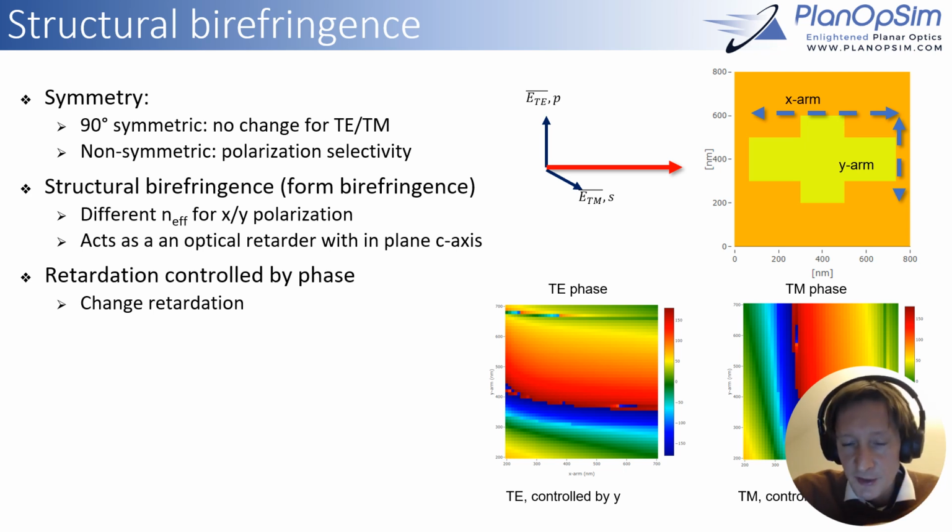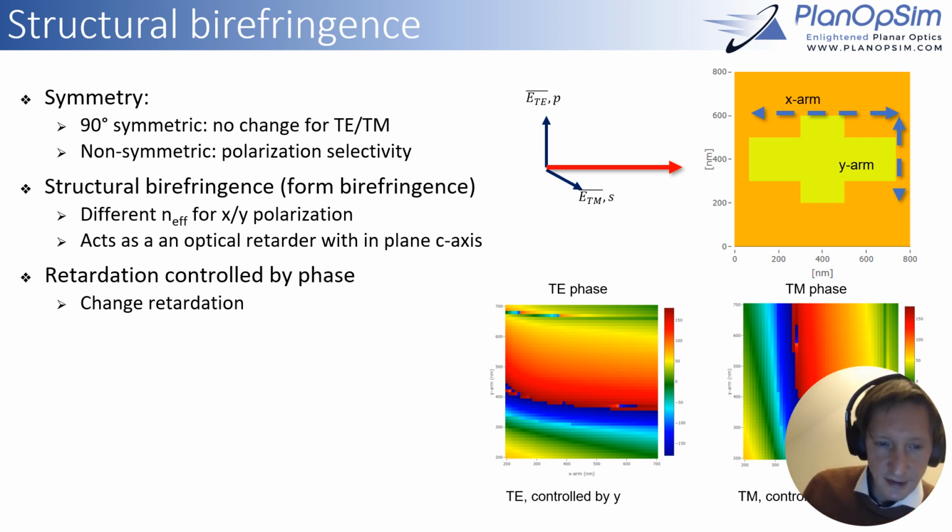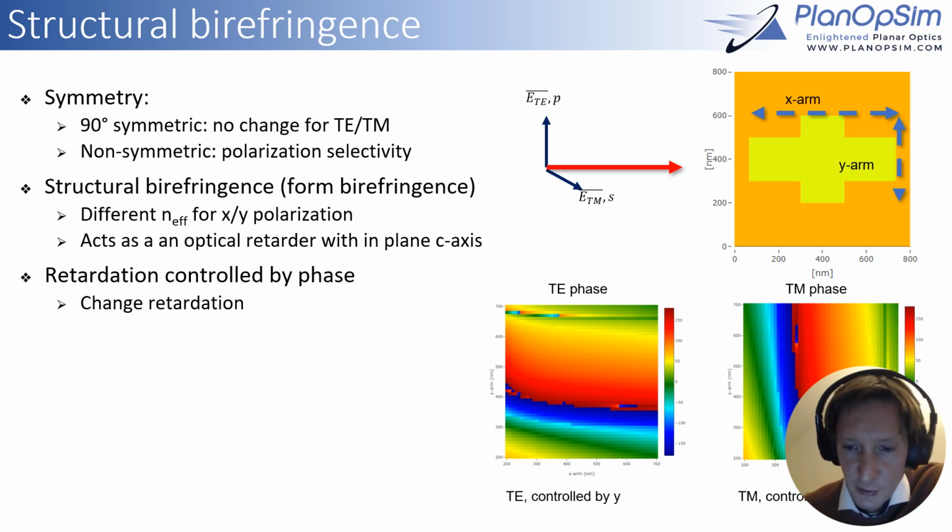But when we make a non-symmetric structure, for instance this cross shape that is longer in the horizontal direction than in the vertical direction, at that time the material will have a different response to TE and TM polarization, as you can see here in this phase plot below, where we plot the phase in TE and TM versus the length of this X and Y arm, and we see that the TE phase corresponds strongly to the vertical direction, whereas the TM phase strongly correlates to the horizontal direction.